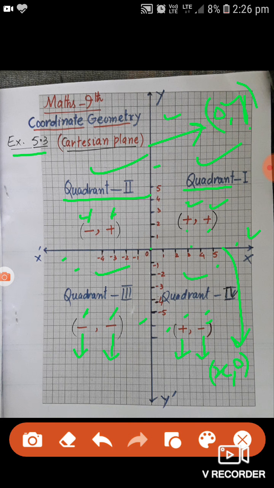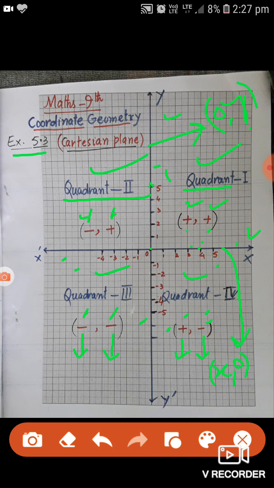For example, a point on the y-axis at mark 5 will be 0 comma 5. Similarly, a point at mark 4 of the x-axis will be 4 comma 0, that is, abscissa is 4 but ordinate is 0.